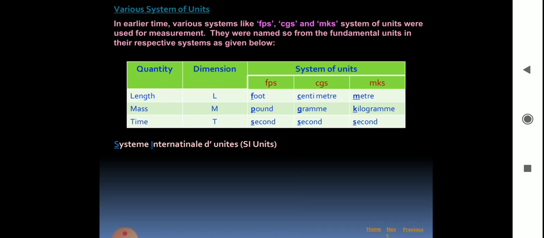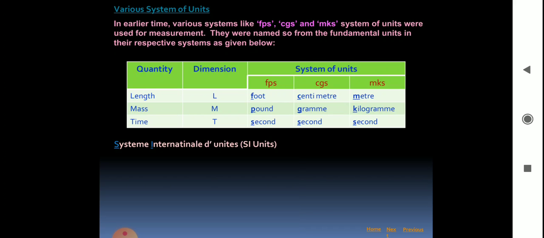So at present, the system of units which is internationally accepted for measurement is abbreviated SI, that means system international. So it is called system international units, abbreviation SI units.